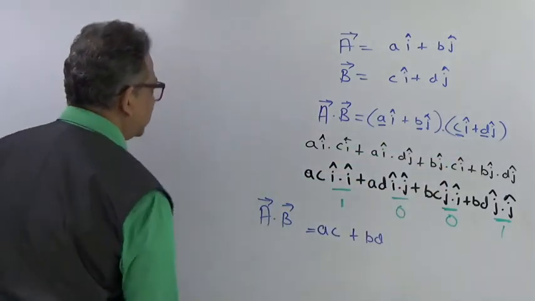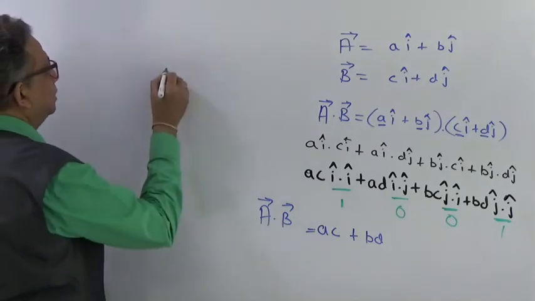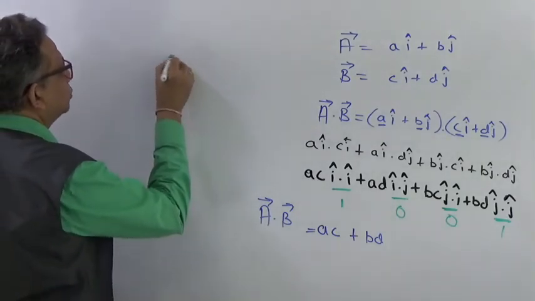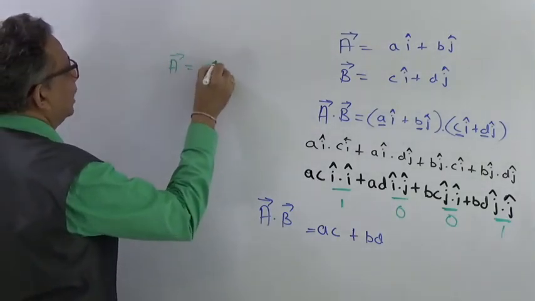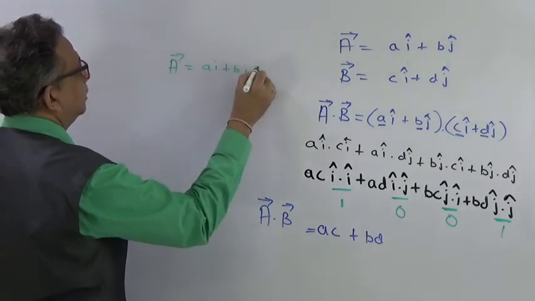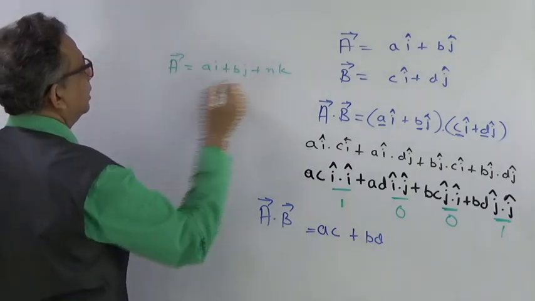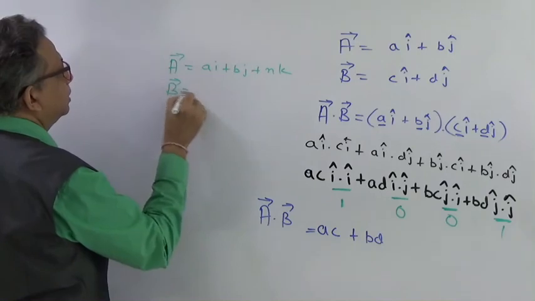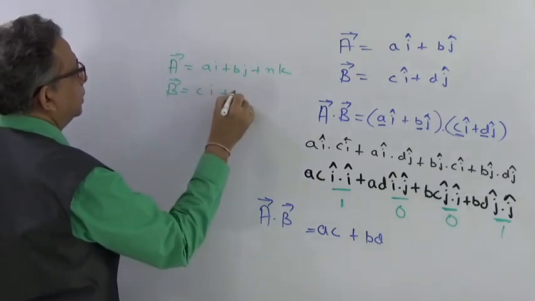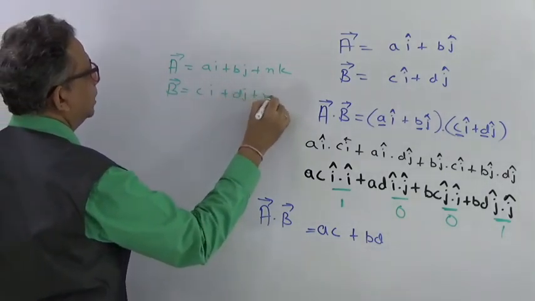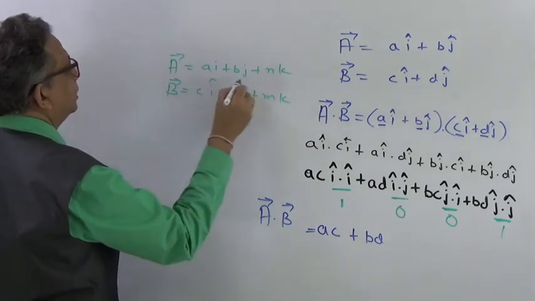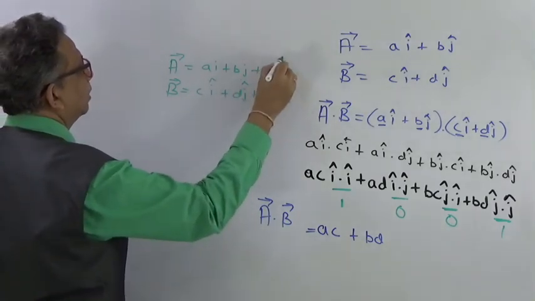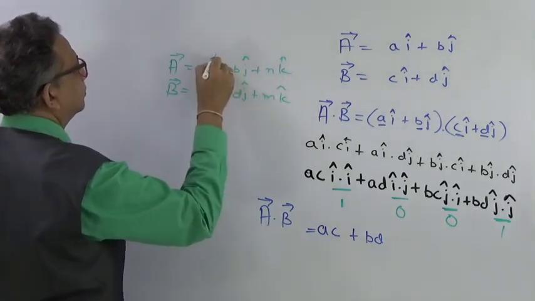So this can be extended to vectors which are in terms of I, j and K. So if vector A is equal to Ai plus Bj plus Nk, and vector B is equal to Ci plus Dj plus Mk, they are all I, j, k and are all unit vectors.